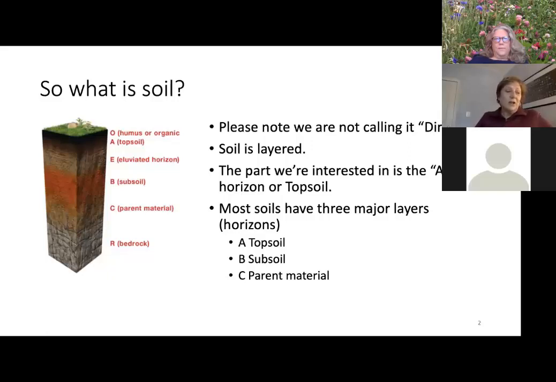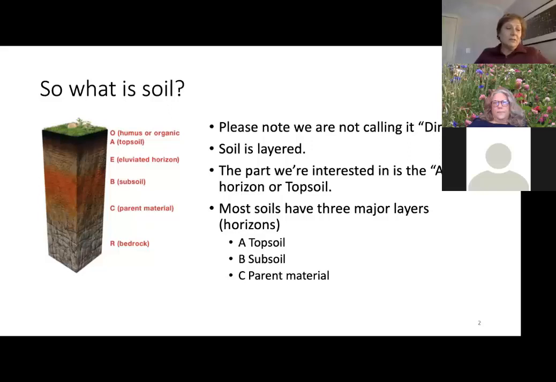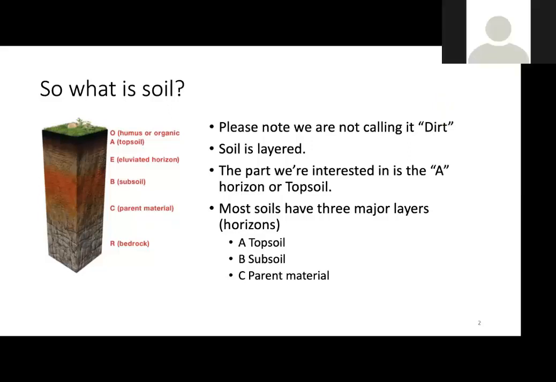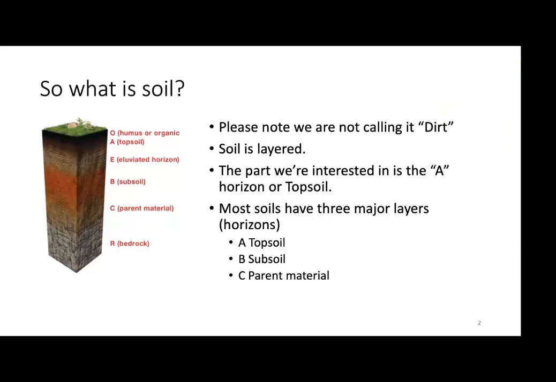This unconsolidated material has been subjected to and shows the effects of genetic and environmental factors, including climate, water, and temperature effects, macro and microorganisms. It's conditioned by relief acting on parent material over a period of time. Well, that's sure a mouthful.